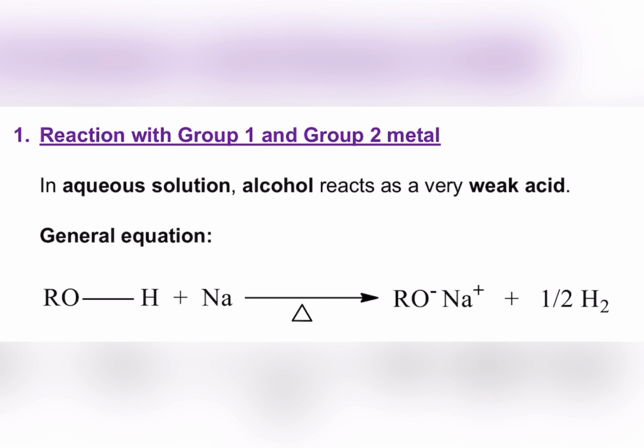So how does the reaction happen? For your information, the bond cleavage is between the oxygen atom and hydrogen in alcohols. And your metal here has no charge yet because this is a solid metal. What's next? I'm going to do the bond cleavage, specifically heterolytic cleavage.